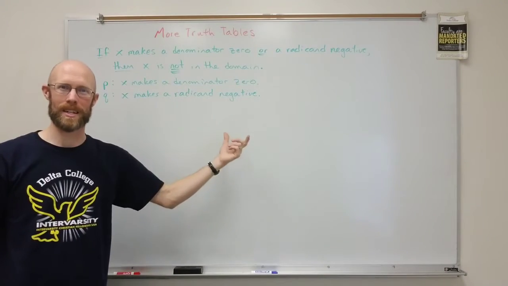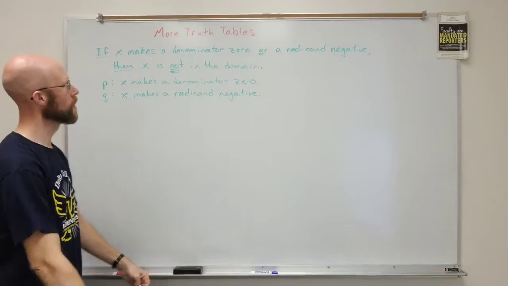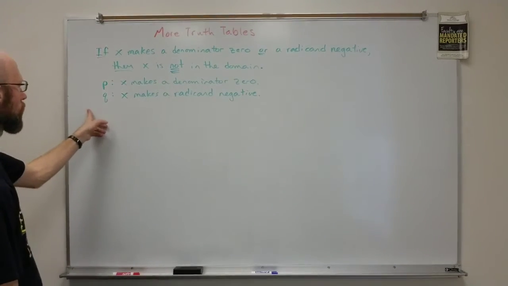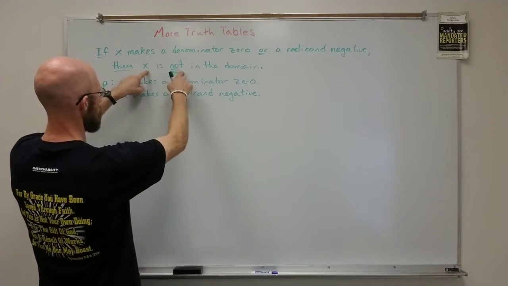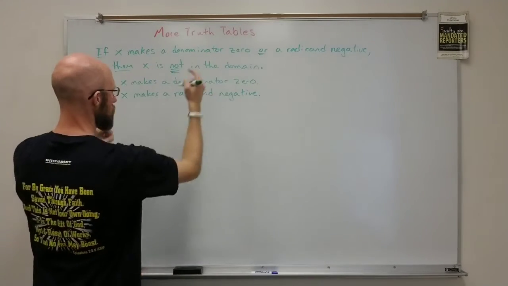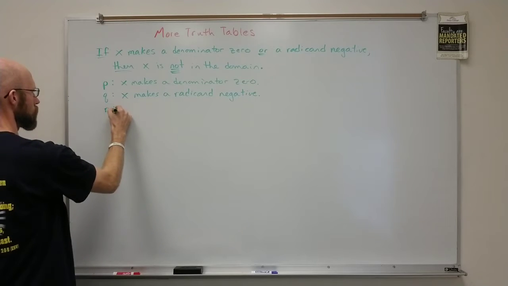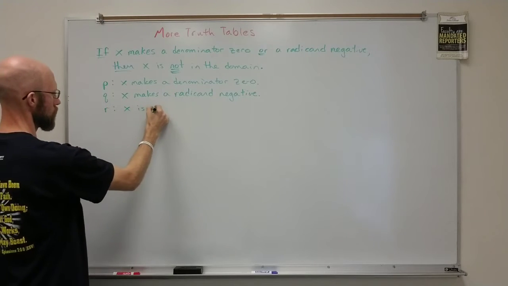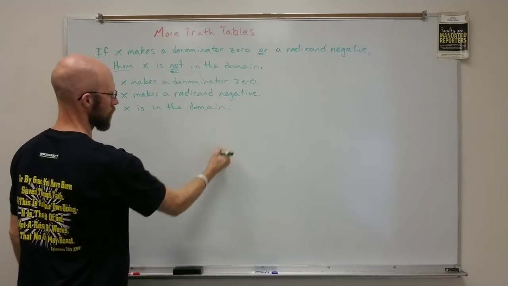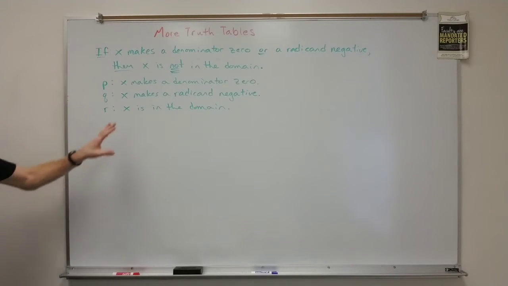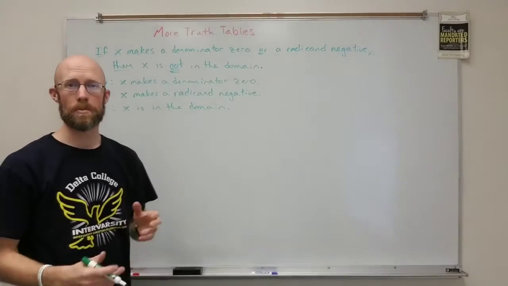So the radicand is what's under the radical. And then of course, let's ignore the not. Let's say x is in the domain. That will be my third statement. All right, so these are my three simple statements.